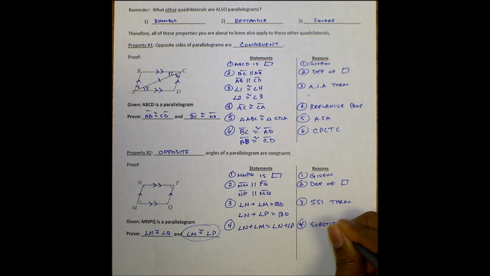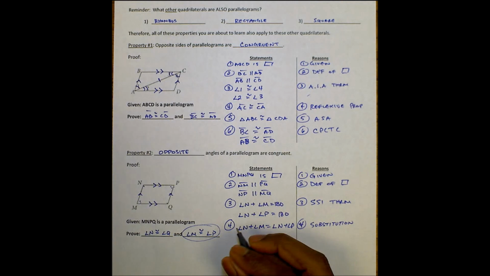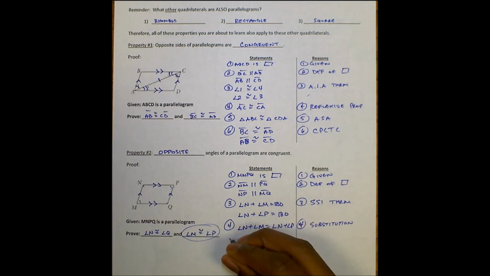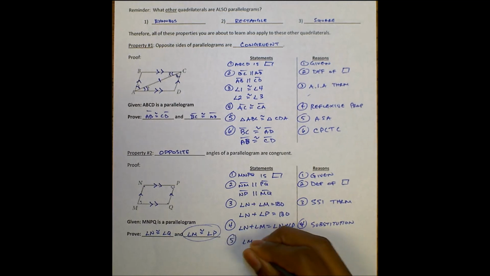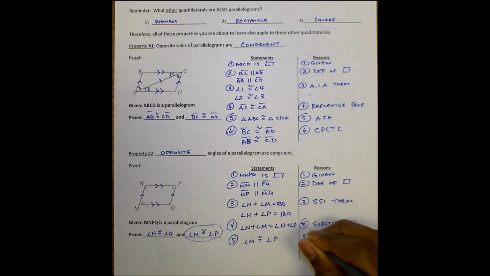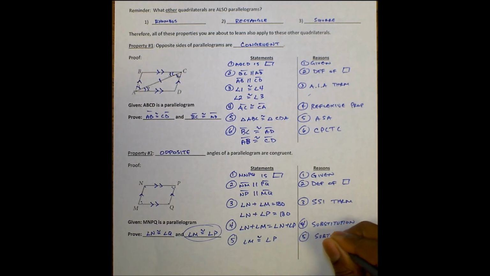Since I have two things that equal the same thing, I can substitute and flip them in how I want to. And if I subtract angle N from both sides, then I can see that angle M should be congruent to angle P. And I did that from subtraction property of equality.